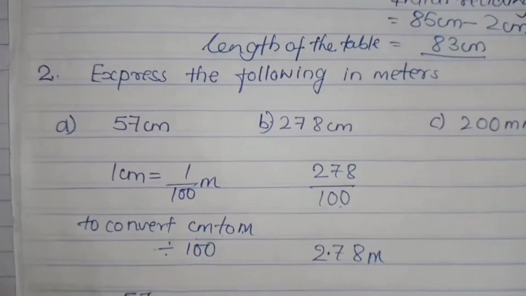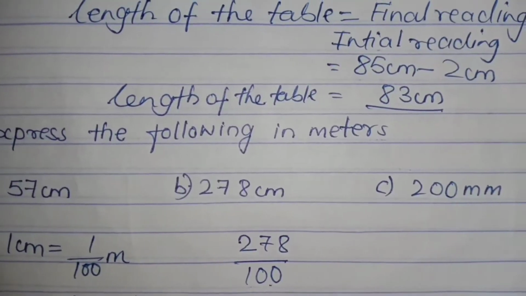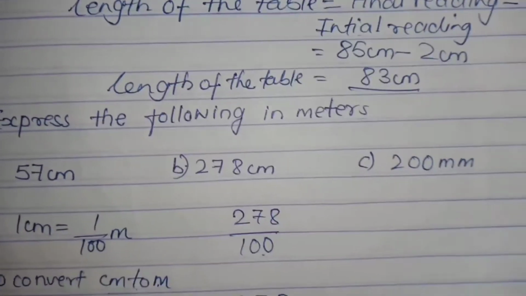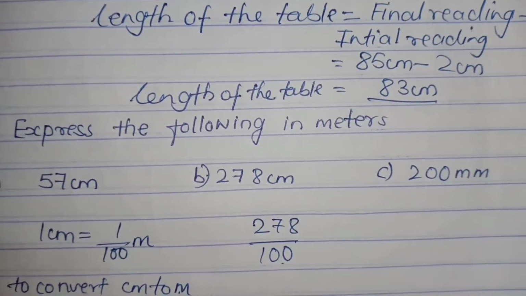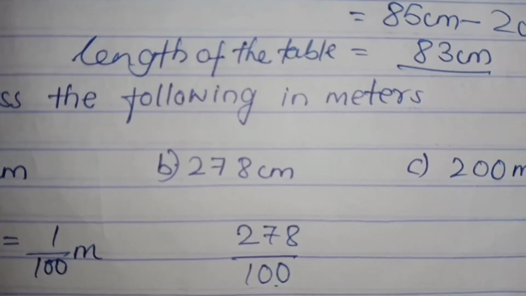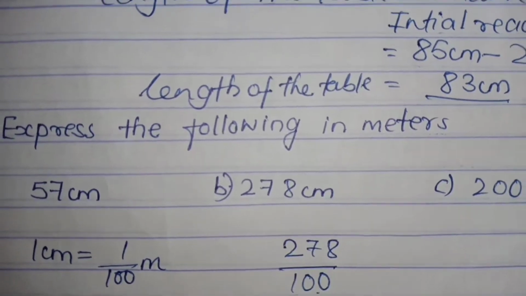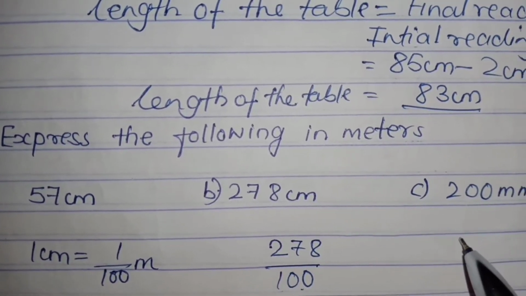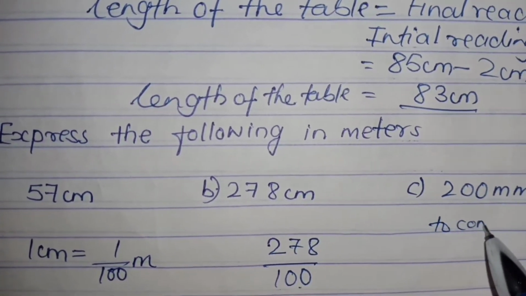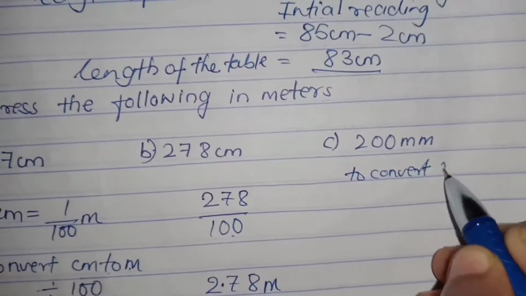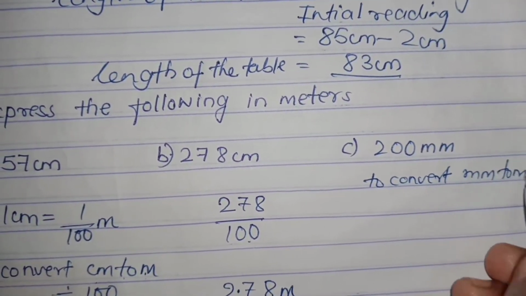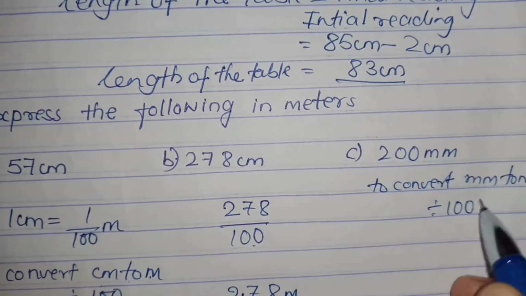Now number C. In number C it has a different unit, it is millimeter. So we have to convert this millimeter to meters. To convert millimeter to meter, we have to divide by 1000.